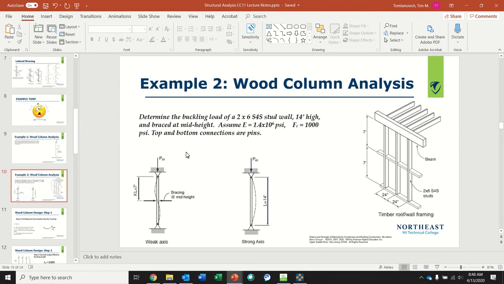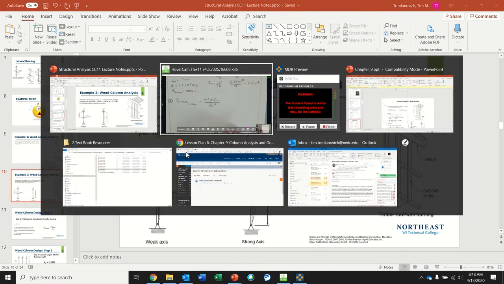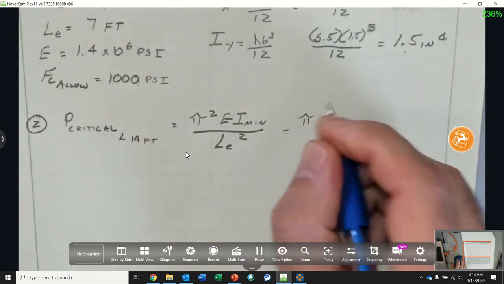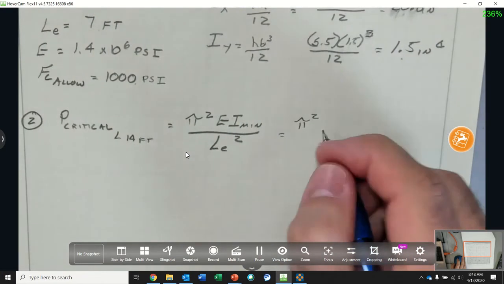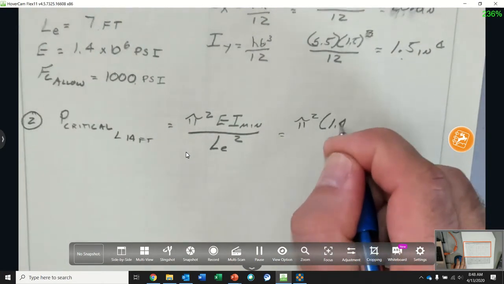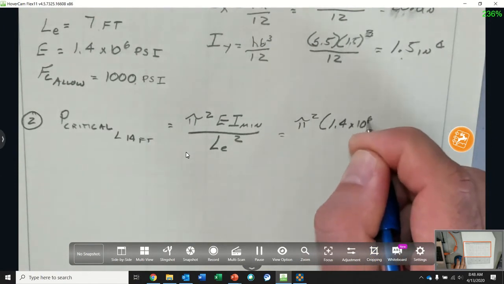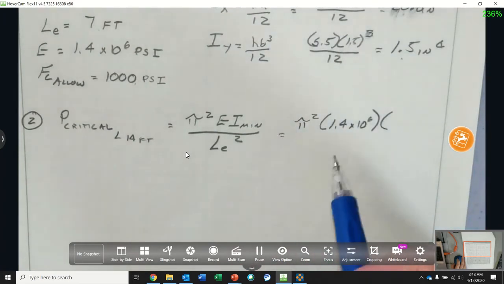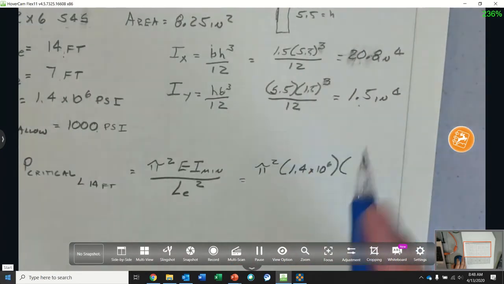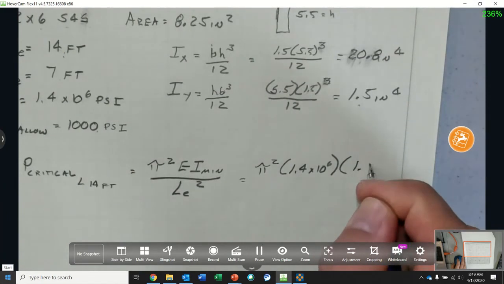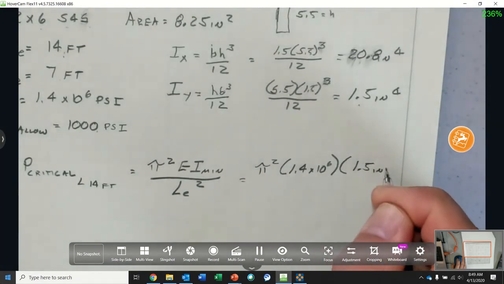All right. So my P critical at 14 feet: pi squared times 1.4 times 10 to the sixth, times my minimum moment of inertia, which is in the y direction, 1.5 inches to the fourth.